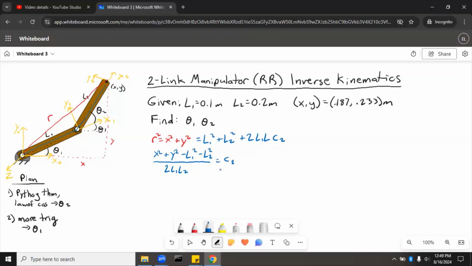We could just use inverse cosine and solve for theta 2, but that wouldn't get us quadrant specific. To be quadrant specific, we have to use tangent, because tangent includes the sine and the cosine, and sine and cosine each are only defined over 2 quadrants. To get the whole 4-quadrant position, you need to use tangent. On an exam, either one would be okay, but we want to do it the most accurate way possible.